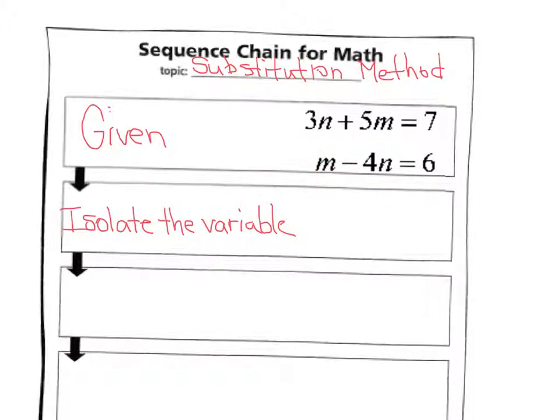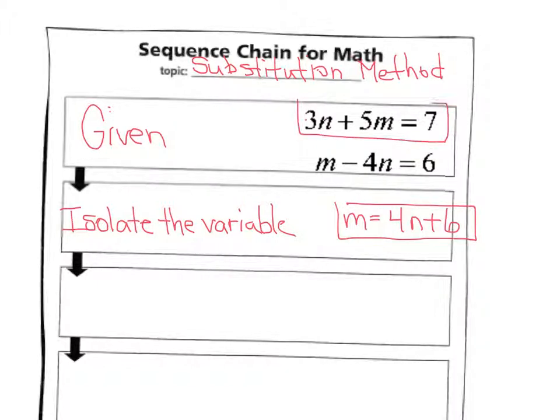So I'm going to add 4n to both sides. So I get m equals 4n plus 6. So now I have isolated the variable. Now what I do is I'm going to substitute that expression into the other equation.